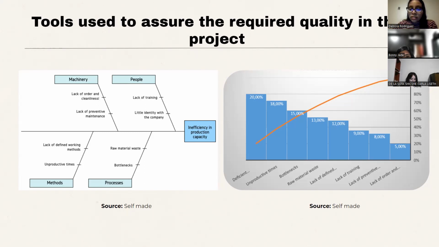These are generated in the production of chocolate bars, and the main causes of the problem are the lack of personnel training, lack of a defined work method, and bottlenecks and unproductive times.